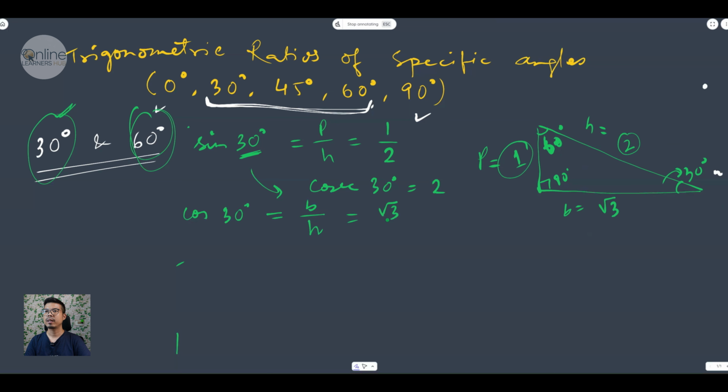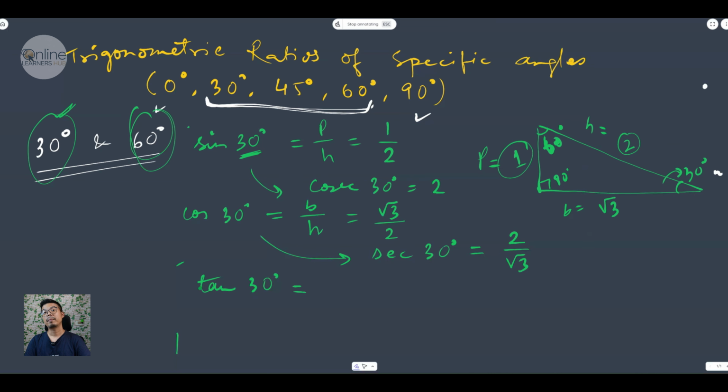B is root 3 and H is 2. Now what is the reciprocal of cos? Which is sec. Sec 30 will be the reciprocal of root 3 upon 2, so it will be 2 by root 3. Alright? Make sense?